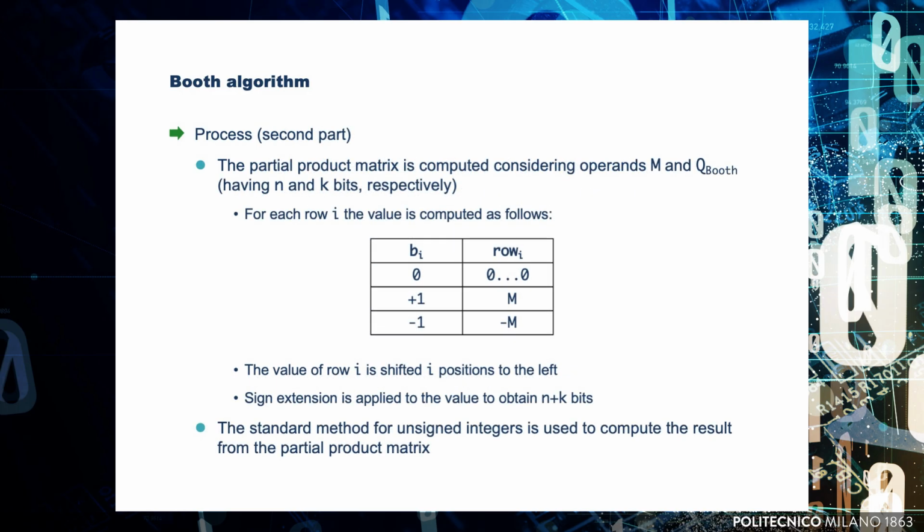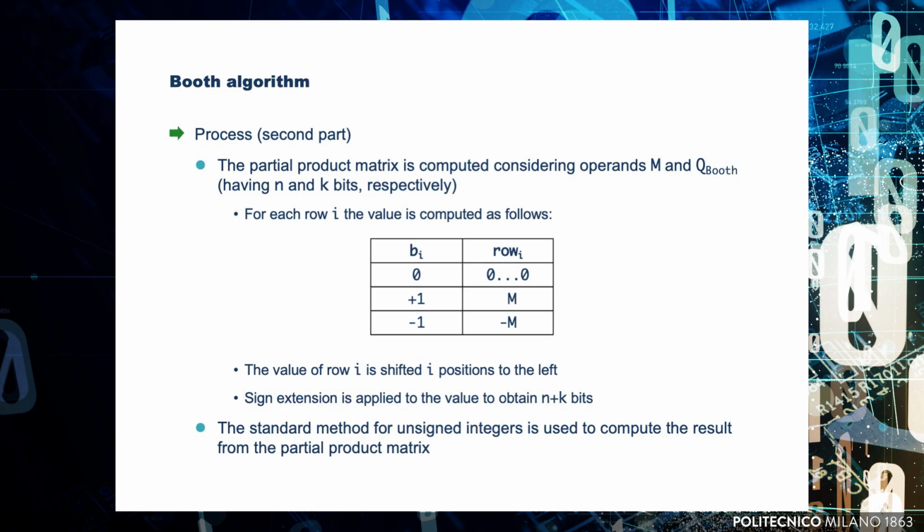The partial product matrix is then computed by considering the original multiplicand m and the Booth-encoded multiplier q, which have n and k bits respectively. If the bit i of the multiplier is 0, we fill the corresponding row of the matrix with a string of zeros. If the bit is plus 1, we place m in the row, while if the bit is minus 1, we place minus m.